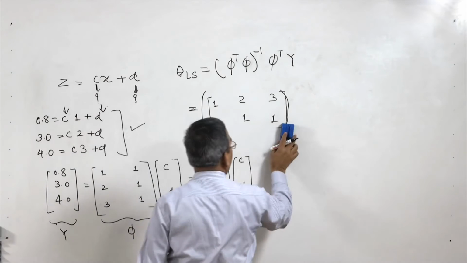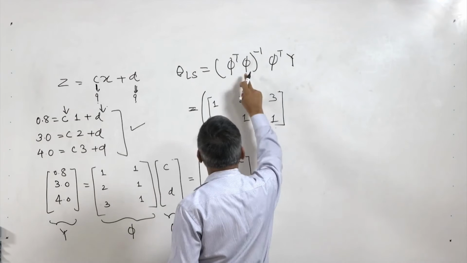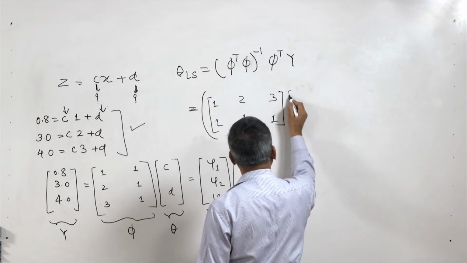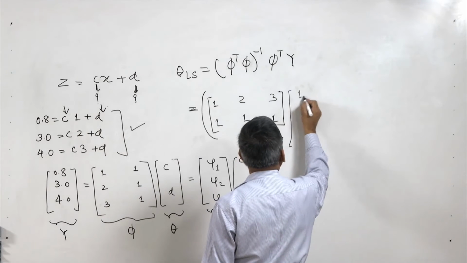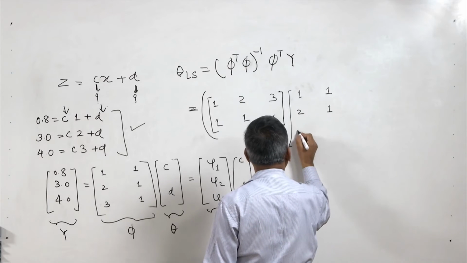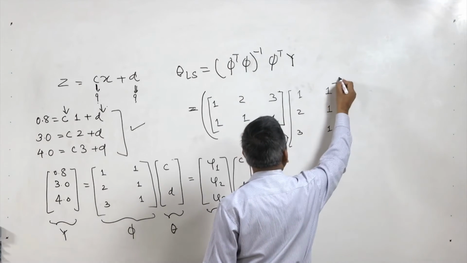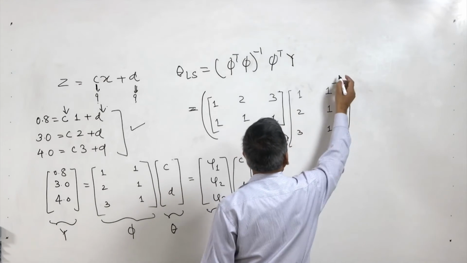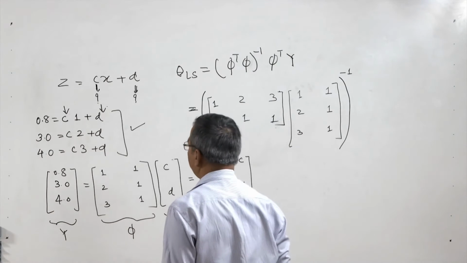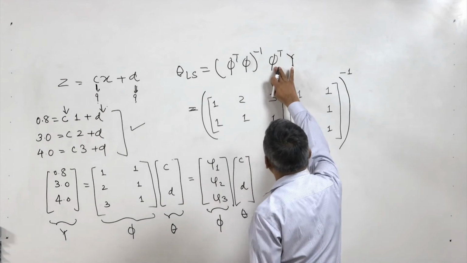So, this is my phi transpose, then we have the phi. So, phi I can reproduce as it is. So, this is my 1 1, 2 1 and 3 1, and we need to multiply this, and then we need to take inverse of it. So, this is what we have to do, and then again we have the phi transpose.